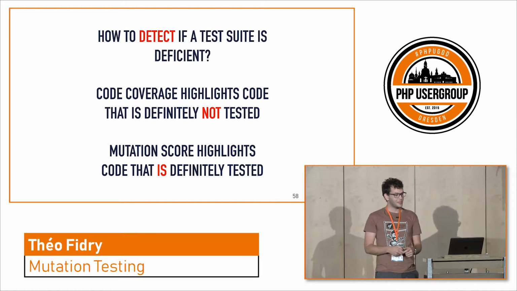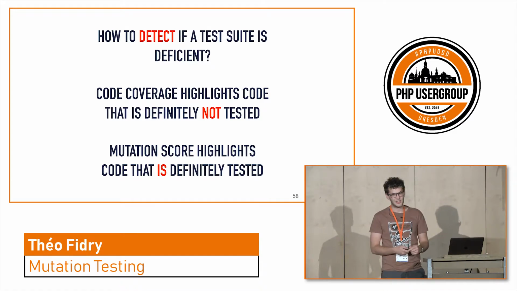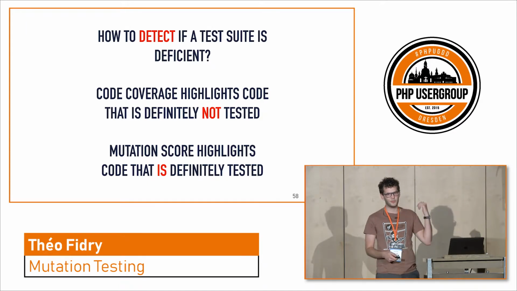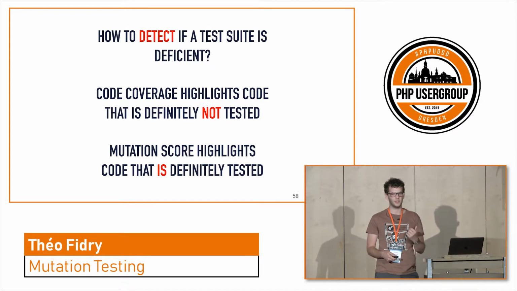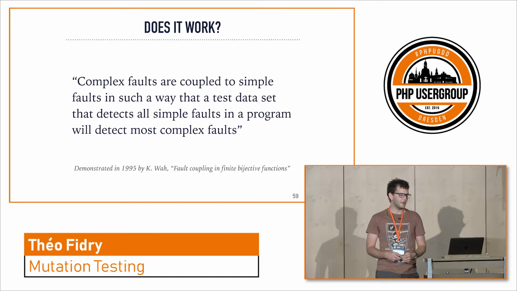So that brings the question: does that really work? I mean, you saw the transformations, they are very simple, so does it really detect anything in the end? Well, for those who are curious, someone demonstrated that if you take a complex system, there's bound to be complex bugs in it, and a way to detect those complex bugs is to try to find all the smallest bugs you can.